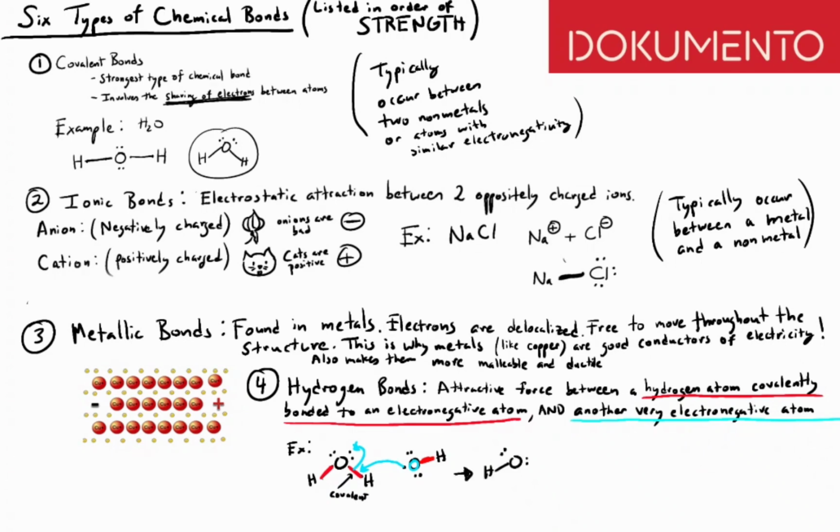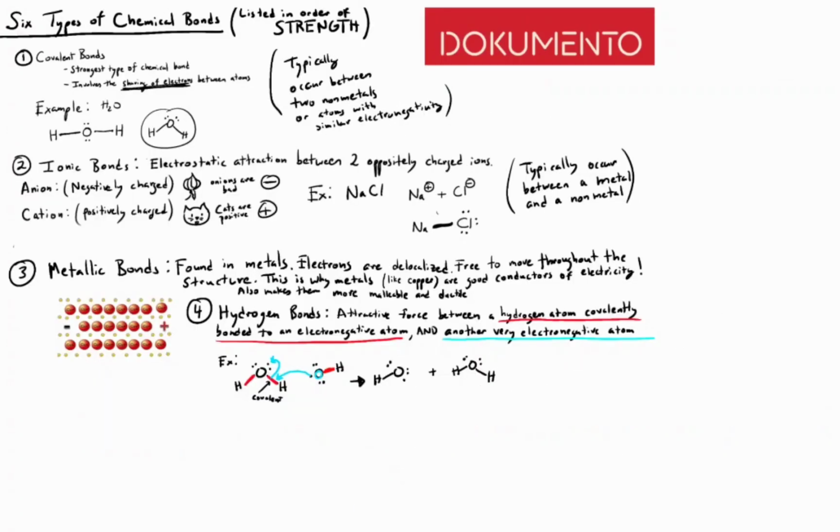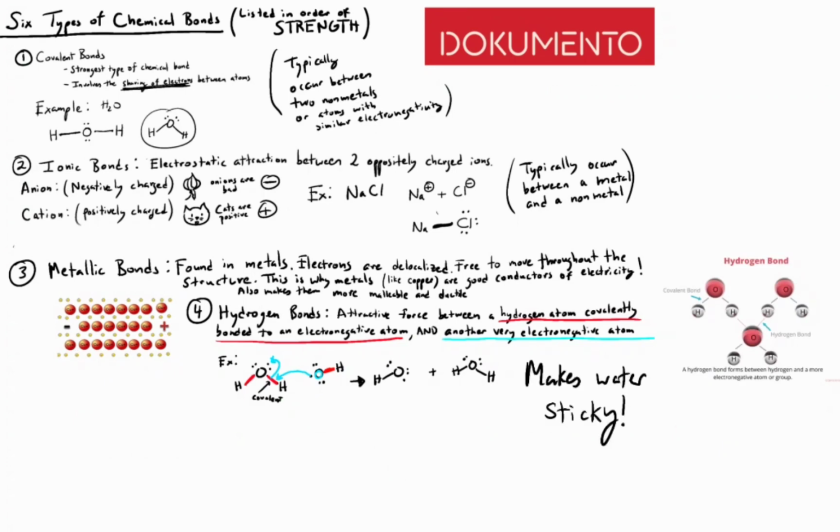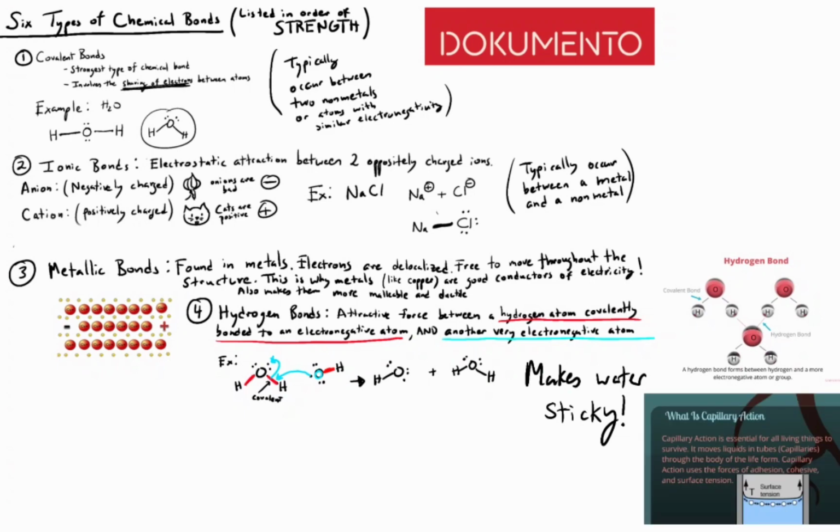So that oxygen's wanting to take that electron from the hydrogen, and we'll see it kick off the other, and that is your hydrogen bond. It's what makes water very sticky. All these really electronegative oxygen atoms floating around, wanting to attach themselves to hydrogens of the other water molecules.